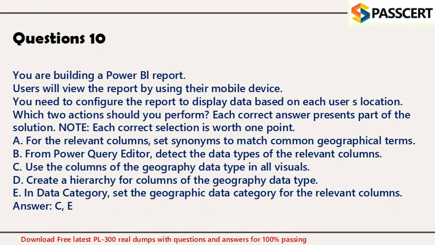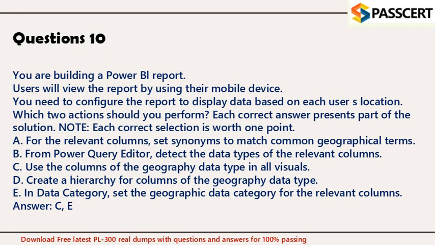10. You are building a Power BI report. Users will view the report by using their mobile device. You need to configure the report to display data based on each user's location. Which 2 actions should you perform? Each correct answer presents part of the solution. Note: each correct selection is worth 1 point. A. For the relevant columns, set synonyms to match common geographical terms.